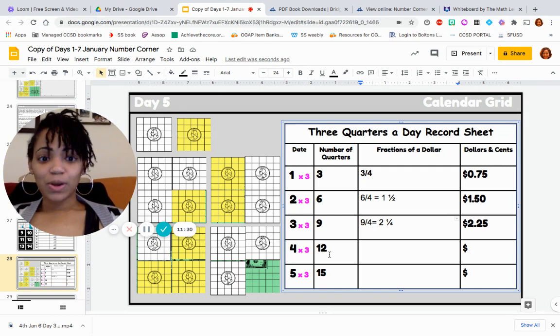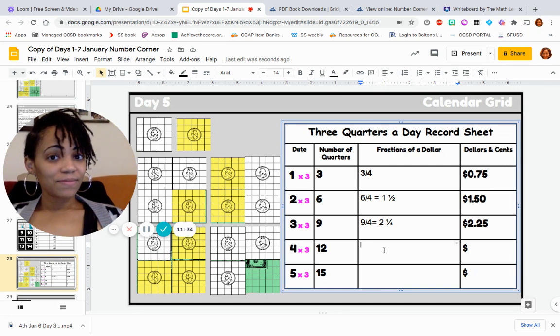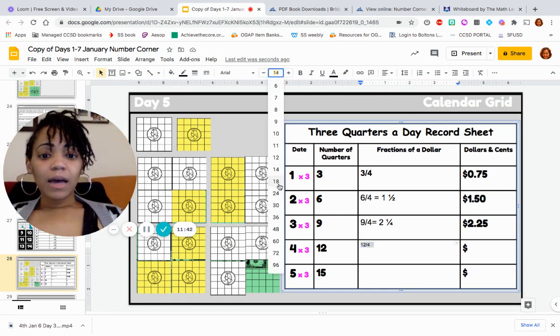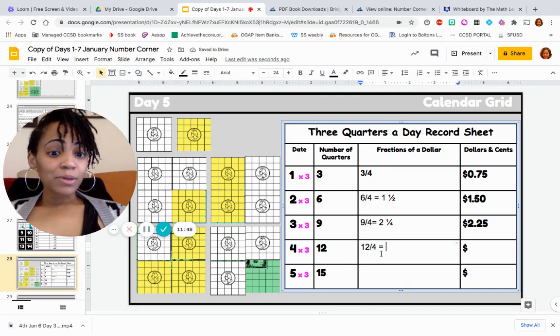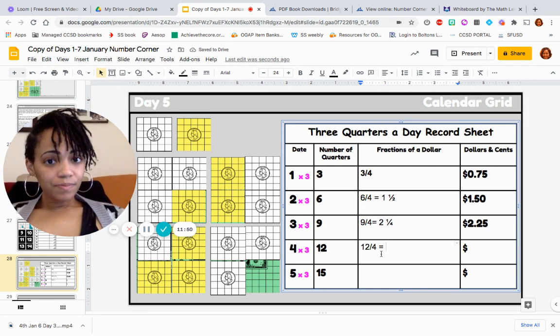4 times 3 is 12 quarters, which is how many fourths? 12 fourths. Yes. Okay, now let's write that as a proper fraction. So we wrote it first as an improper fraction. Let's make it proper. Make it into a mixed number or a whole number if possible.